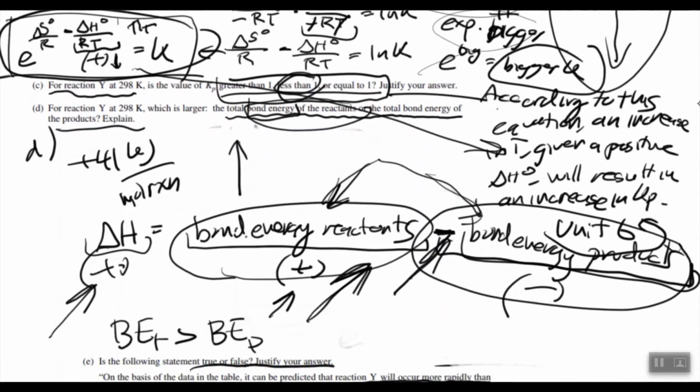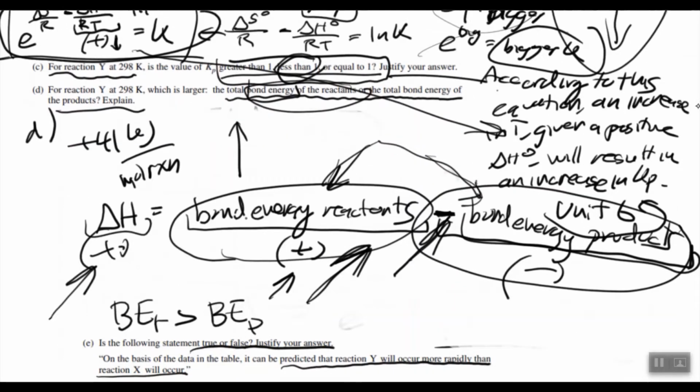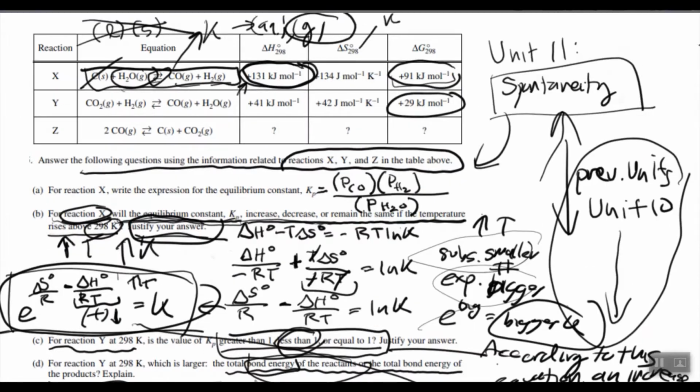So it's saying that Y will occur more rapidly than X. Is that true though? Well, we can see that Y has a smaller delta G than X, which means that this process will pretty much be less spontaneous at the same temperature.